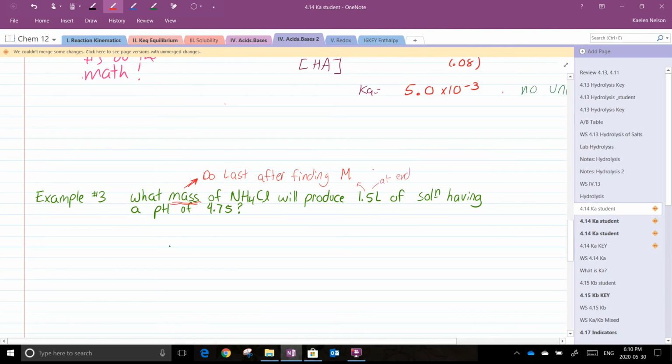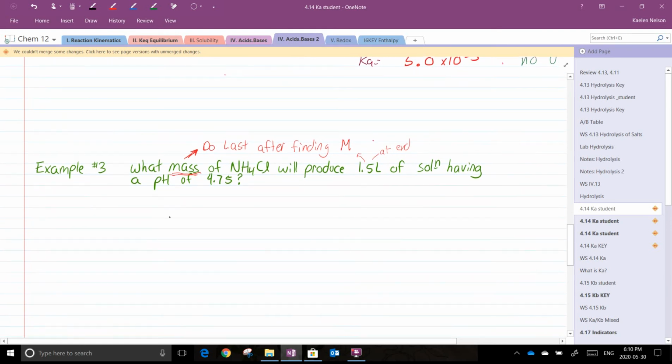And we will go ahead and draw our ICE table since it wasn't already drawn for us. So ICE, here we go. Nope, don't do that. Sorry, guys. We need to write our equation first. It's NH4Cl plus H2O.